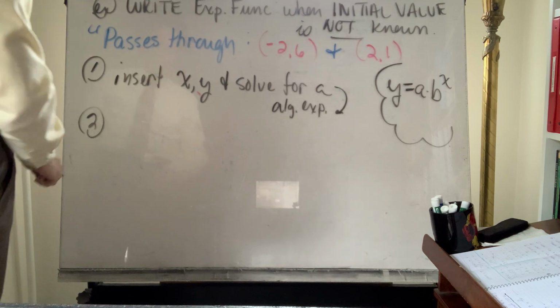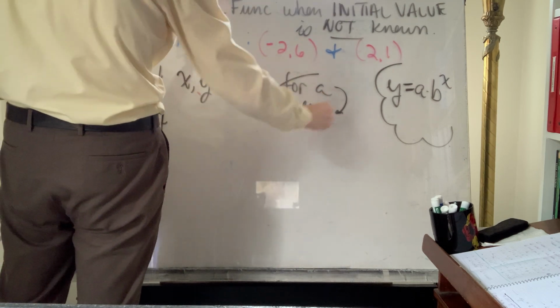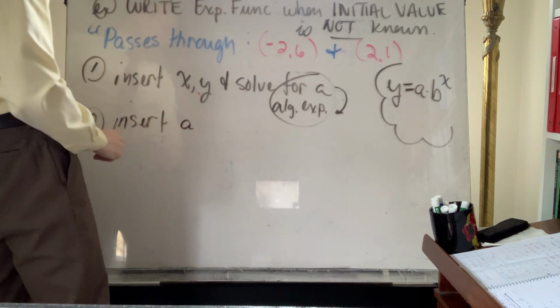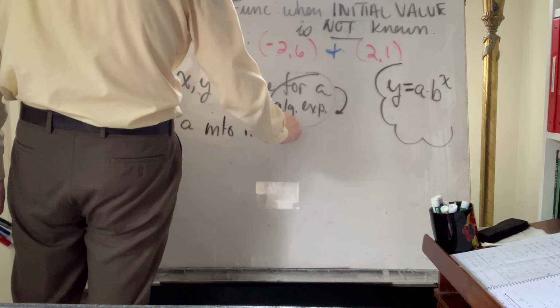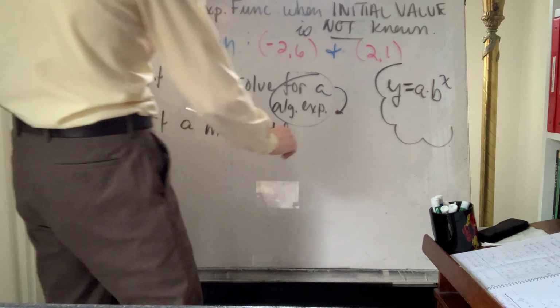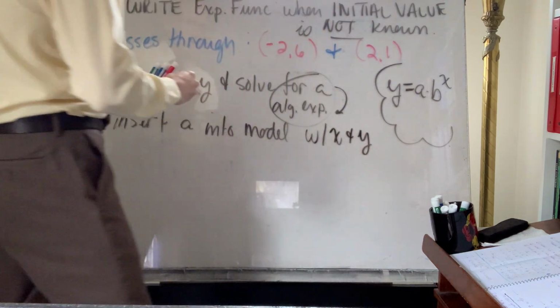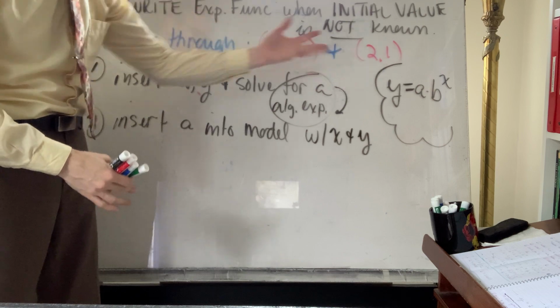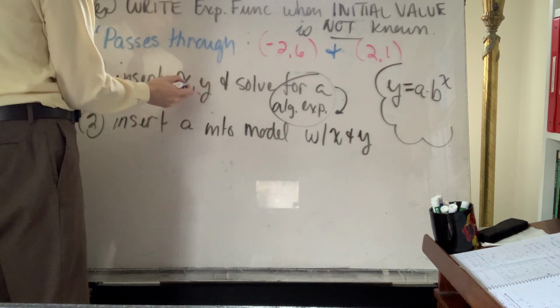Then you're going to insert a, what you've gotten, into the model, with a different x and y. Since you have 2 points, it doesn't really matter which one you use first, but let's say that you do it intuitively.